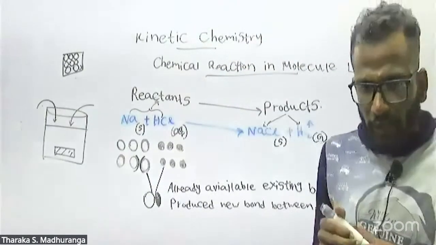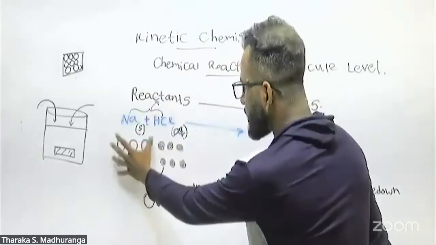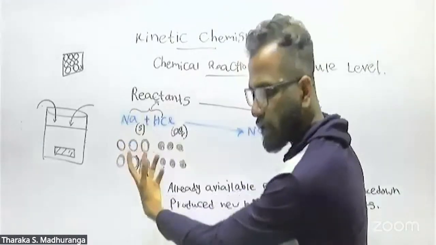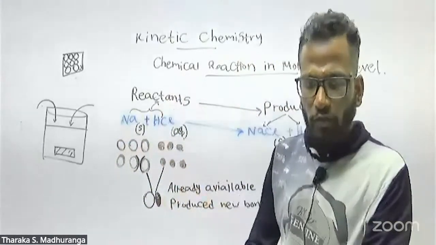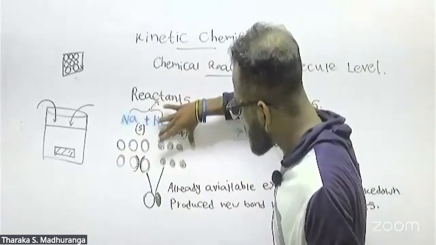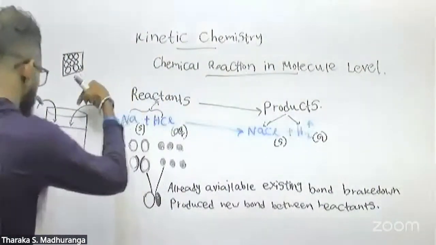Okay, I will explain again. Now what happens? This is one reactant, the sodium reactant, sodium molecules. This solid is made of molecules. That's HCl, another reactant, that is also made of molecules. Then what happens when we add HCl and sodium?